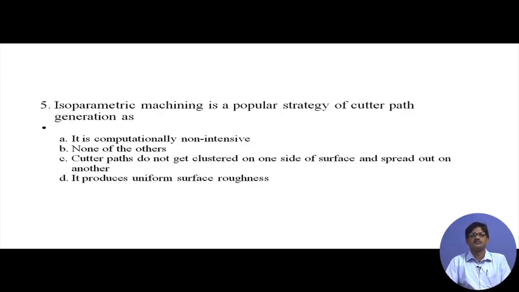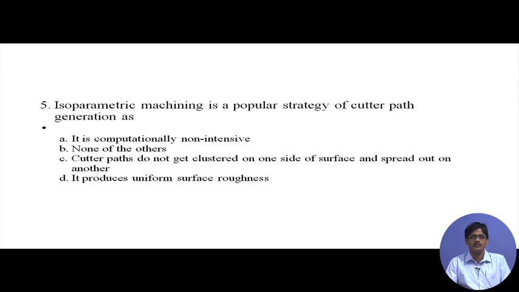Isoparametric machining is a popular strategy of cutter path generation as it is computationally non-intensive, none of the others. Cutter paths do not get clustered on one side of the surface and spread on the other. It produces uniform surface roughness. So, let us see, it produces uniform surface roughness, certainly not. That is the business of isoscallop machining.